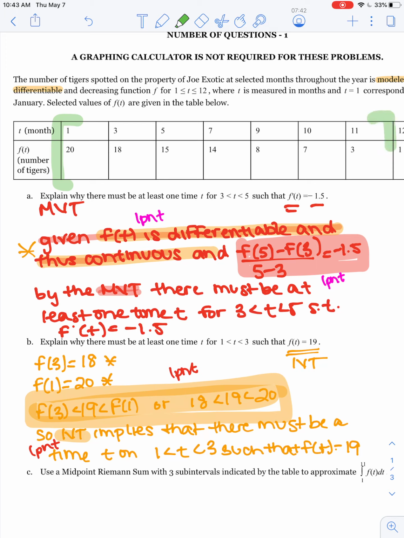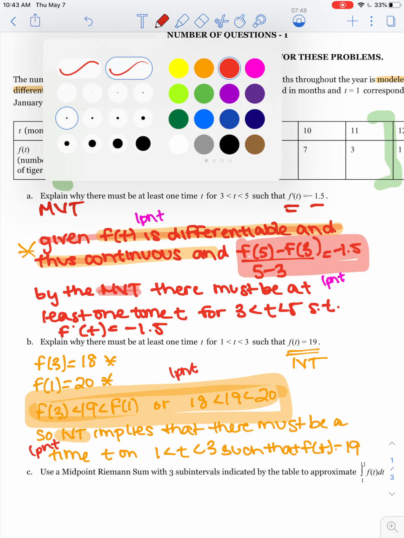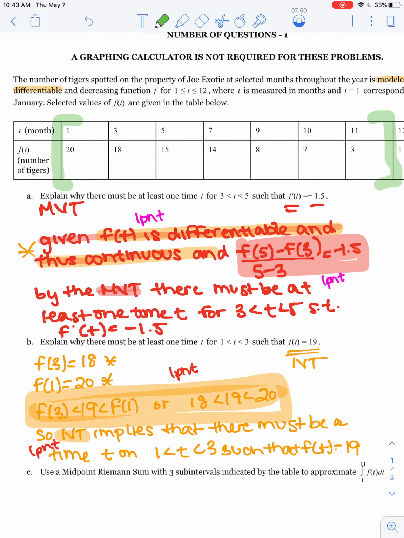We're concerned with values along this chunk of our table, and we're asked to use 3 subintervals and we want to use midpoints. Okay, so I noticed that from 1 to 11, if I were to get 3 midpoints, I would have to use the value t equals 3, t equals 7, and t equals 10.